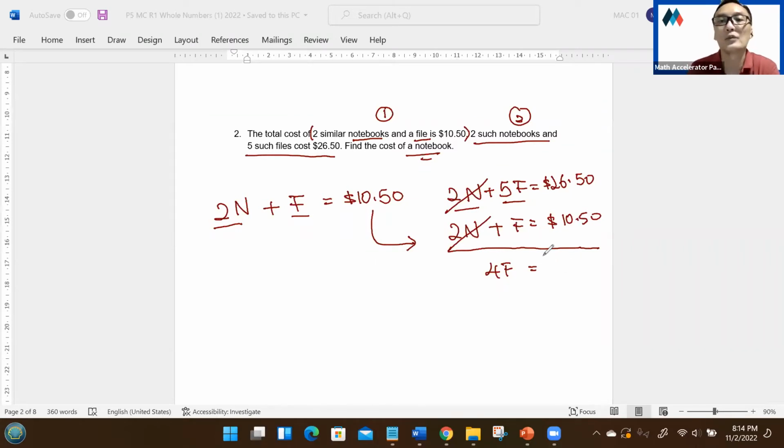Right? So it will be 16, right? Thank you, everybody. So it's 2650 minus 1050, and we will arrive at $16, right? So therefore, from here, can you help me find out what's the cost of 1 file?